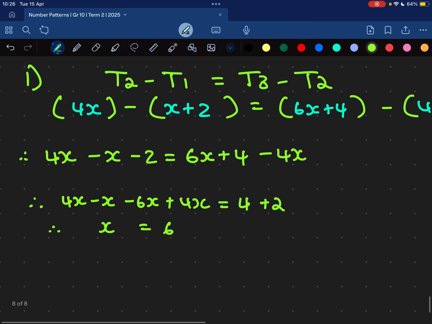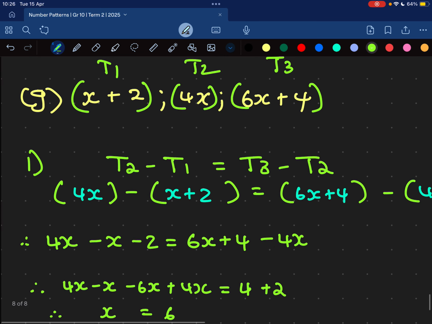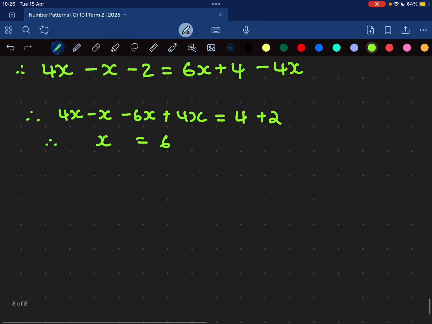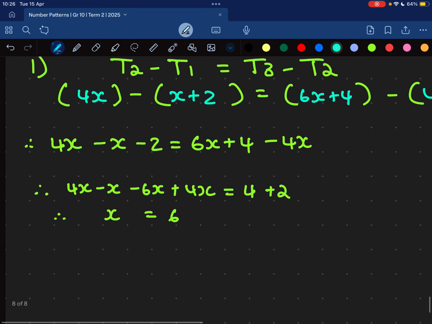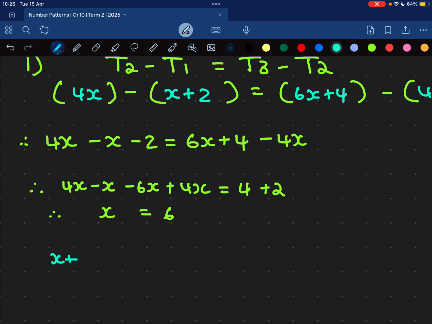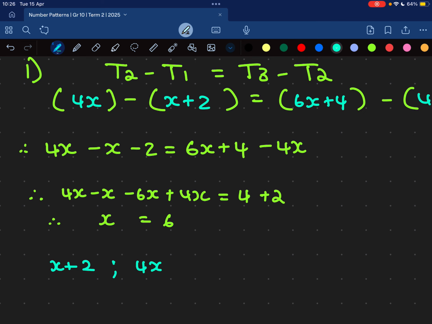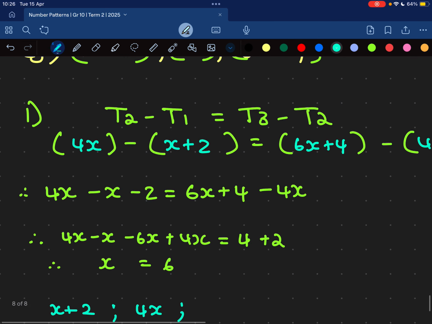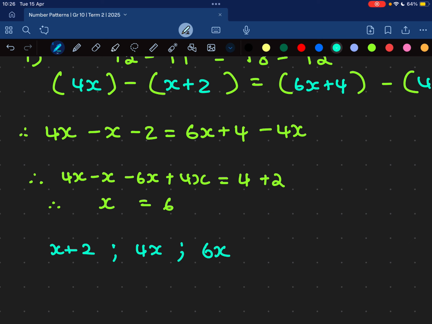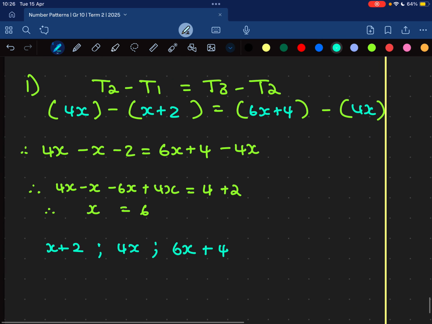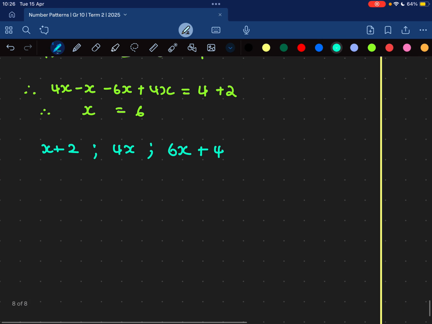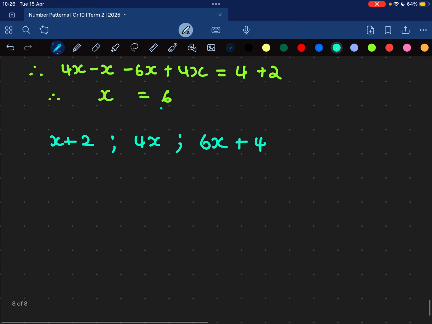Okay, so then it asks you to determine the value of the sequence, the different terms. So we're going to rewrite it, x plus 2, 4x, and 6x plus 4. Okay, then you substitute 6 in the place of x.